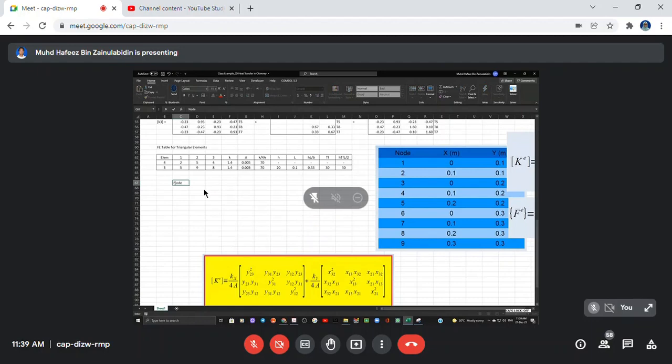Okay, node. One, two, three. Node one. Okay, 1, 2, 3. I think that's the way.